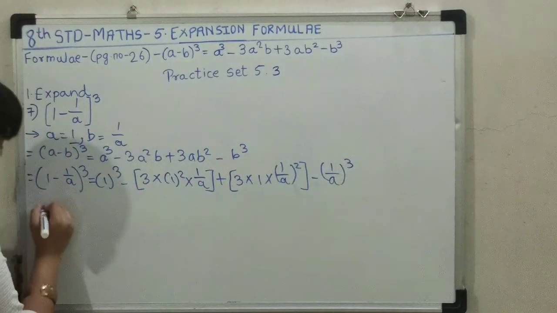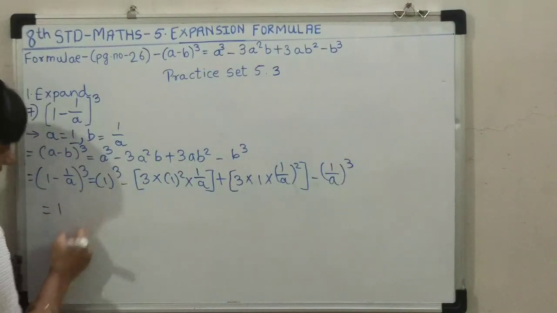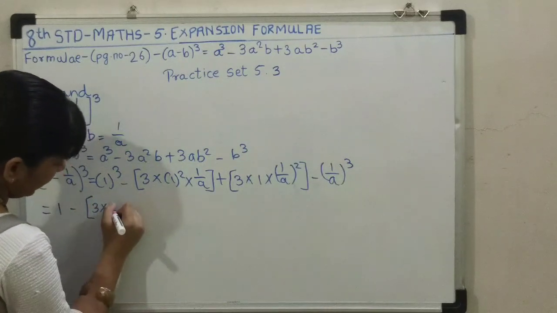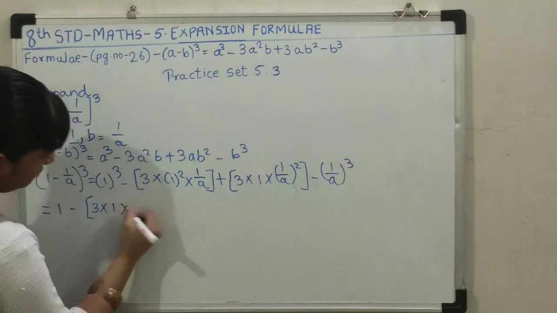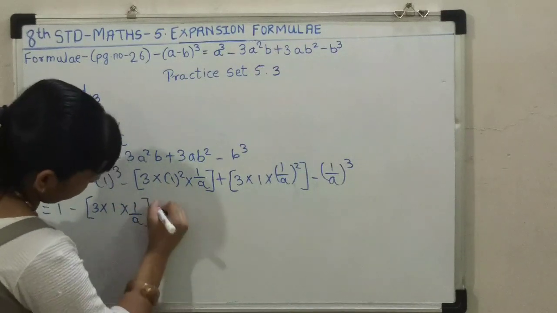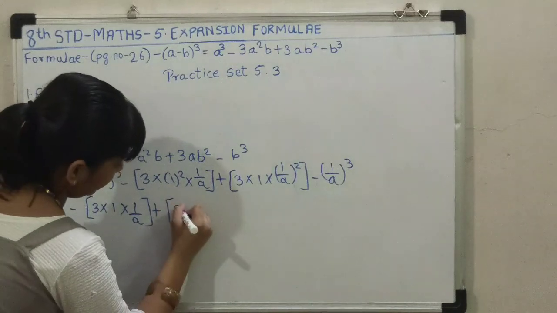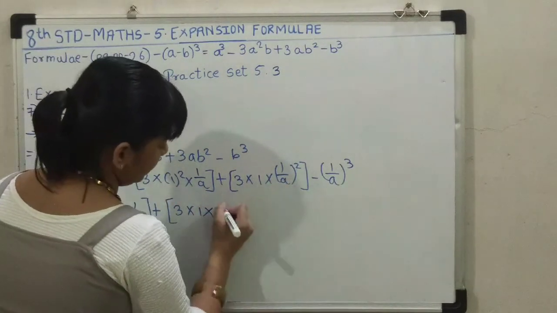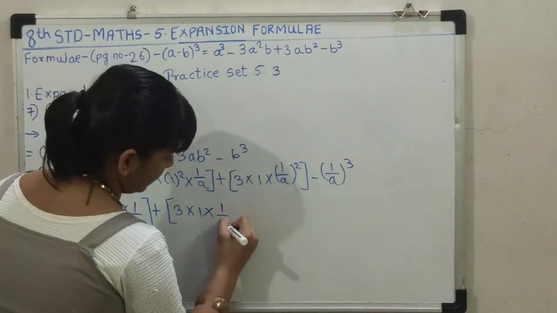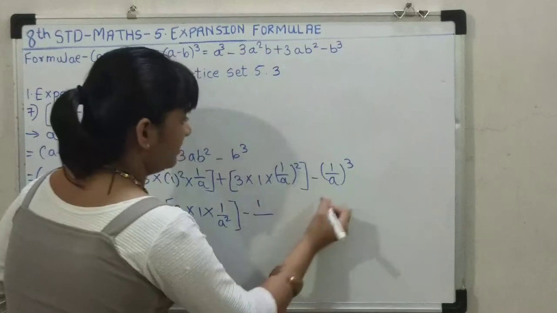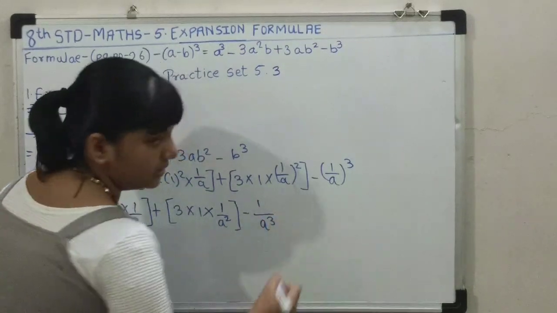So here the answer will be 1 cubed is 1, minus 3 into 1 squared, which is 1, into 1/a, plus 3 into 1 into 1 squared, which is 1 only, and a squared is a², and 1 cubed is 1, a cubed is a³.